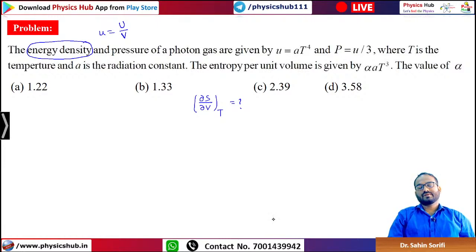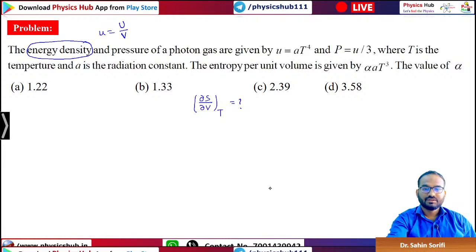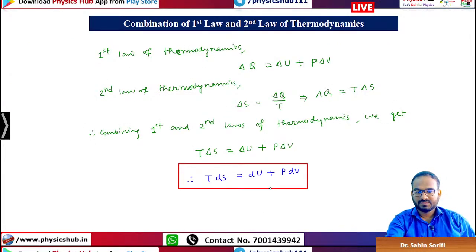So if you want to calculate del S by del V at constant T, we can use the combined form of the first and second laws of thermodynamics. TdS is equal to dU plus PdV.